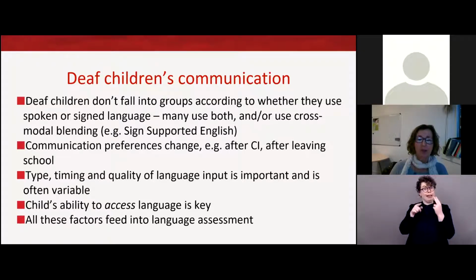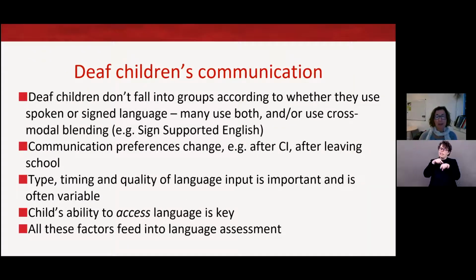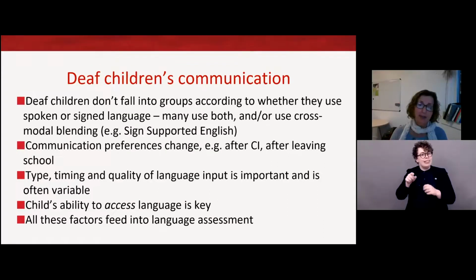They're exposed to people with different sorts of communication skills in terms of sign language, and this is reflected to some extent in their ability to learn the language. So their ability to access language is key, and that is dependent on the exposure they get. All of these factors have to feed into language assessment, in terms of thinking about how we're going to assess a child, but also what our assessment findings are telling us.